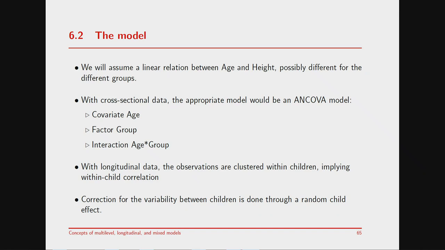So that would be a traditional analysis of covariance model where we have height as outcome, and then we would have the covariate age, the factor group, and the age by group interaction.